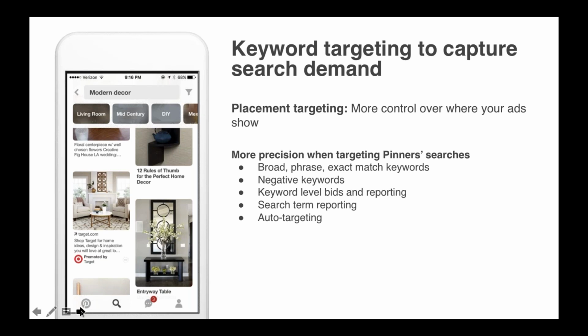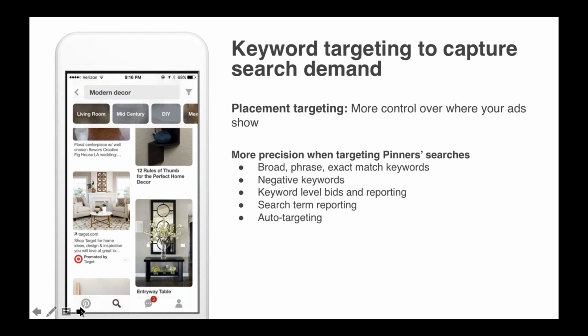We've also introduced more precision when targeting pinners' searches. So on that search page, you can now customize your keywords by adding match types. This was previously unavailable. When you added keywords to your search campaigns, they were typically shown on broad only. Now we have broad match, phrase match, and exact match keywords.